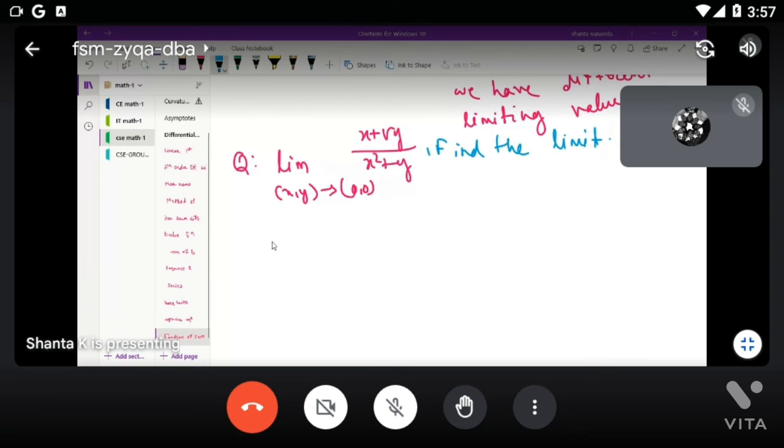So here, if you put y equals mx square, what happens? This will be x, here mx square. So x you can take out. Let's try what the limit comes to. x plus mx square over x square plus mx square.